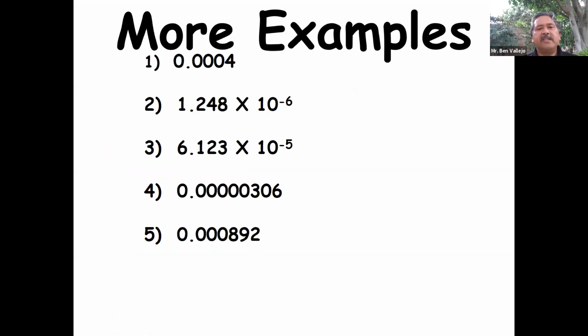All right, here's some more examples, and let's do those even more quickly and see how you do on these. Number 1 is 0.004. Numbers 2 and 3 are already in scientific notation, and you're changing those to standard. Numbers 4 and 5 are standard, and you're changing those to scientific notation. So take a moment and let's see if you can get the correct answer for those.